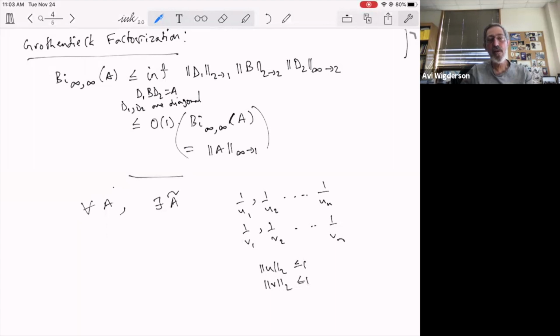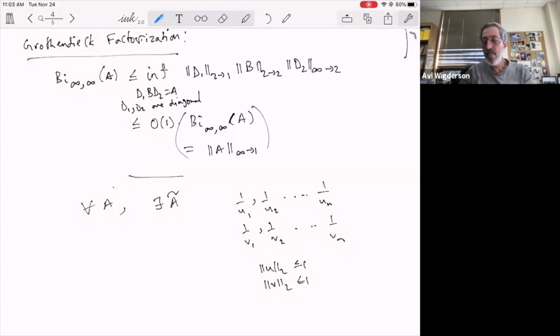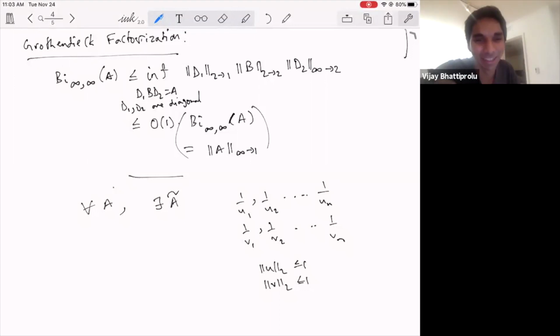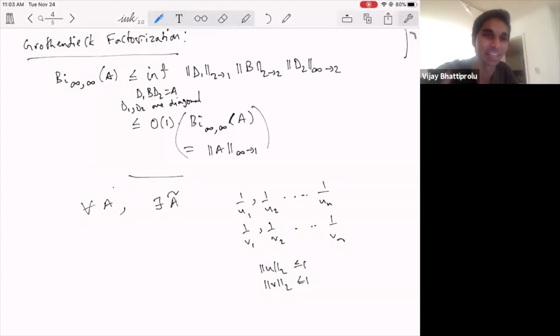Yeah, and I wanted to see the bound on the diagonal. So U and V are the diagonals of D1 and D2. Yeah, exactly. The inverse. Sorry, actually, as you said, D1 is the diagonal matrix of U, and when you take the inverse, you'll get the reciprocal.